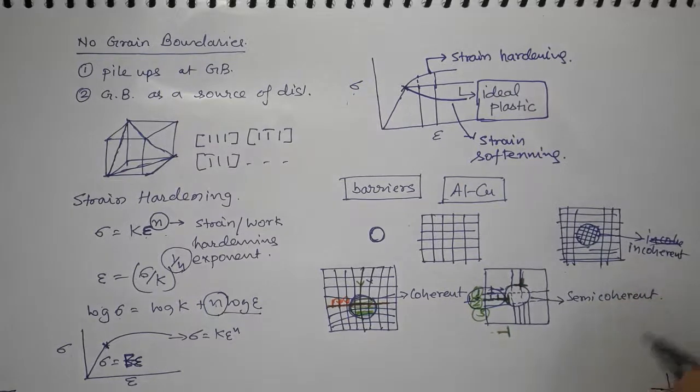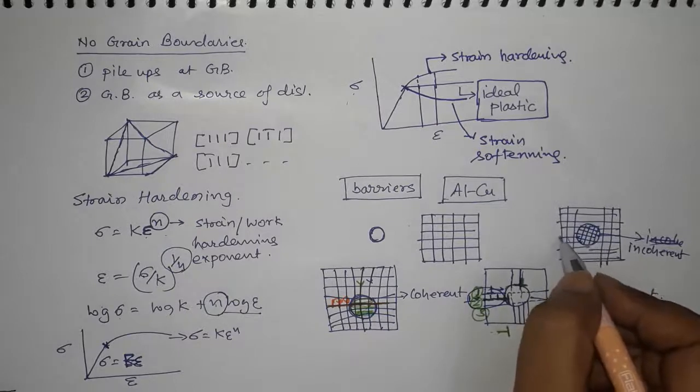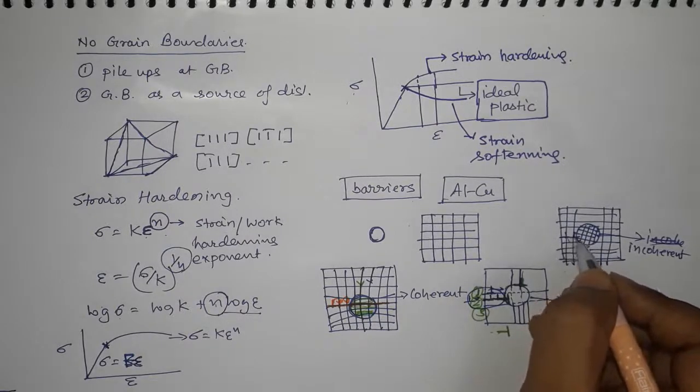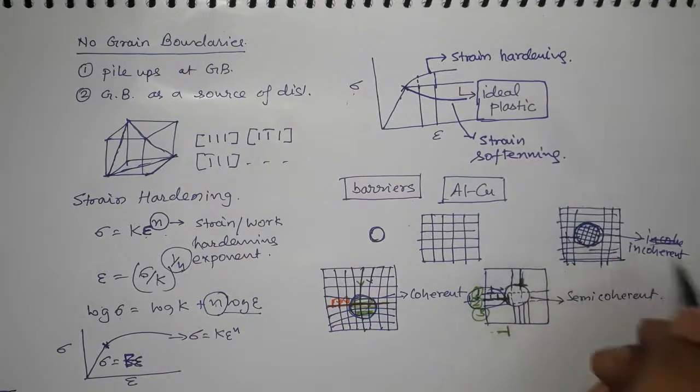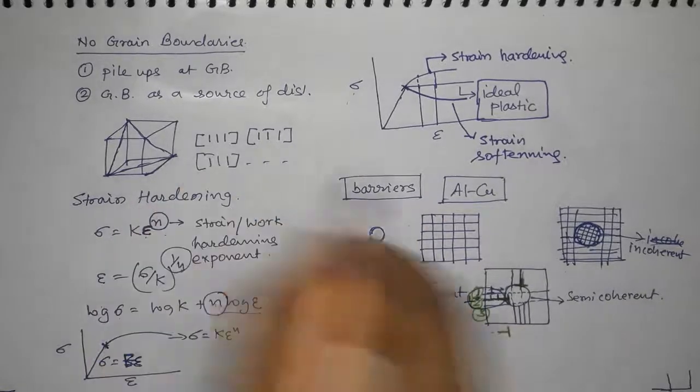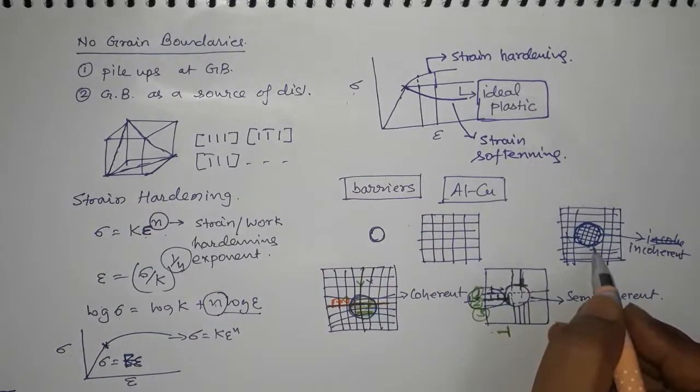This incoherent precipitate will block all the dislocations from all directions, and they will just pile up at the interface. Okay, so in a single crystal you don't have grain boundary, but you can have precipitates which can act as a barrier.